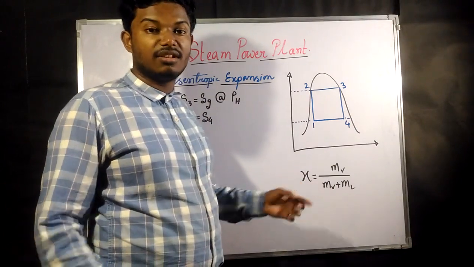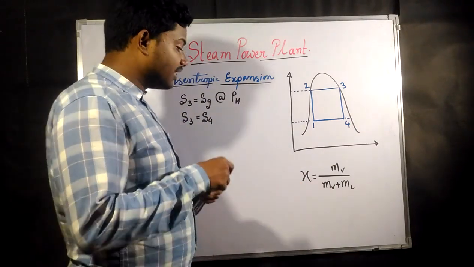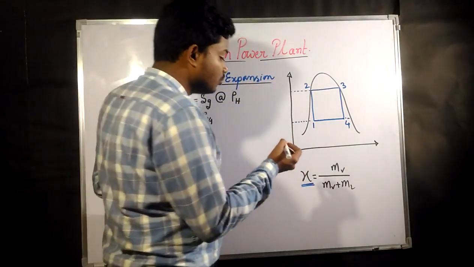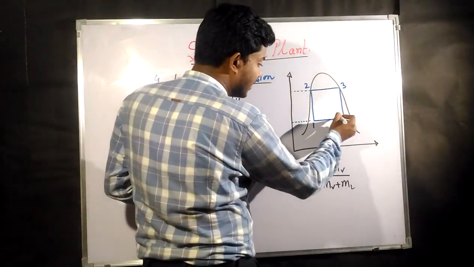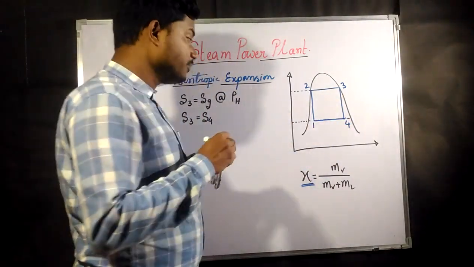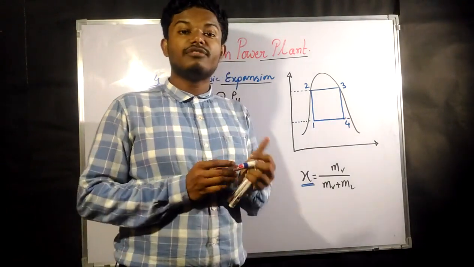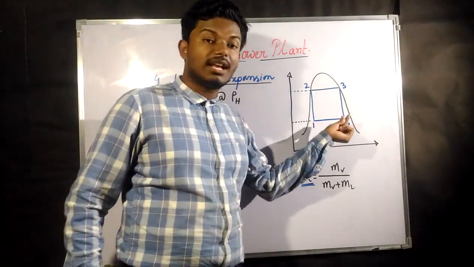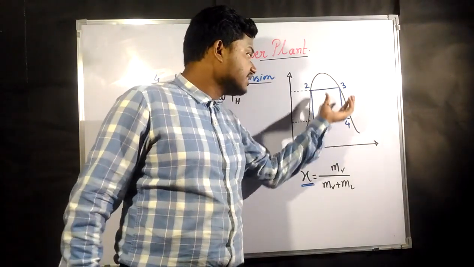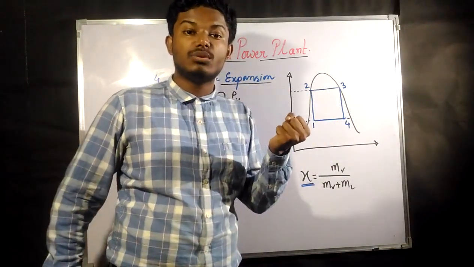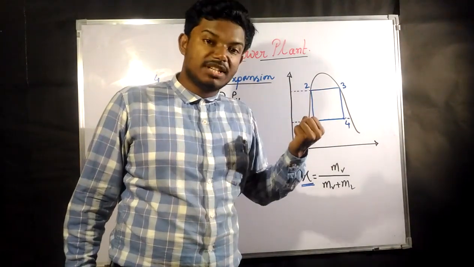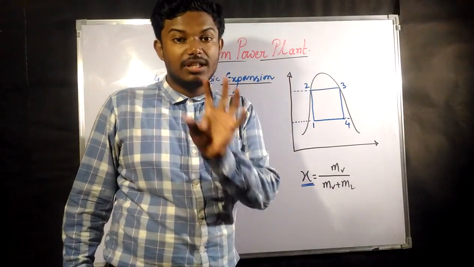That is, X is known as our dryness fraction. Now what does this mean actually? Suppose you are taking a point at 4. What is the total amount of vapor present here? As we said earlier, inside the vapor dome it is a mixture of liquid and vapor, so there are two phases, liquid and vapor.